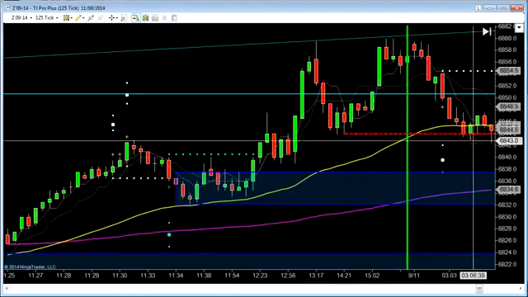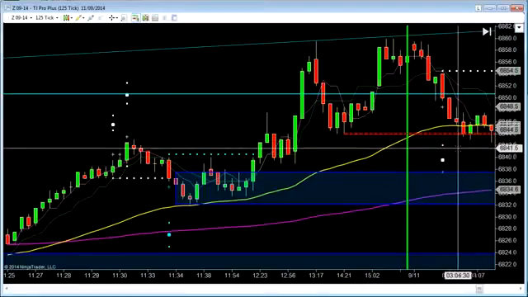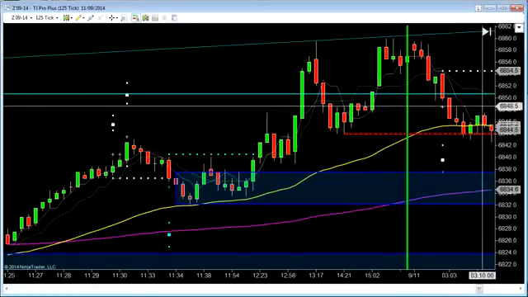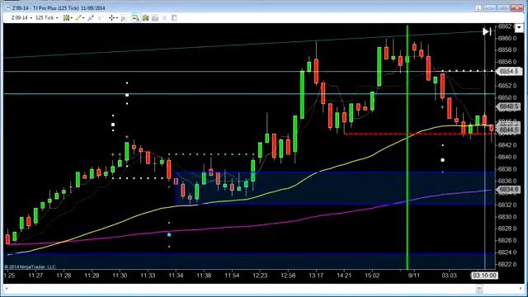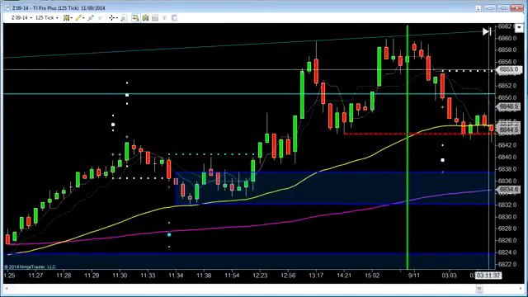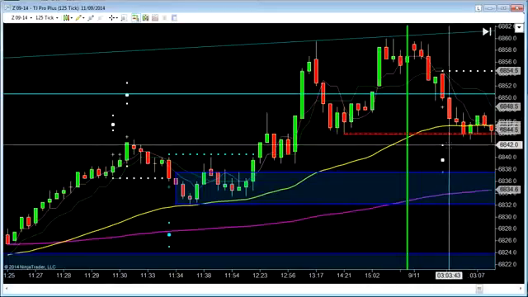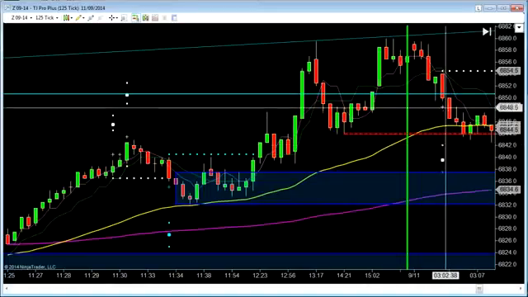And my view is that if it gets back above this swing high here at 47.5, I think this stop is possibly vulnerable for a test, and this is not something that I want to happen.